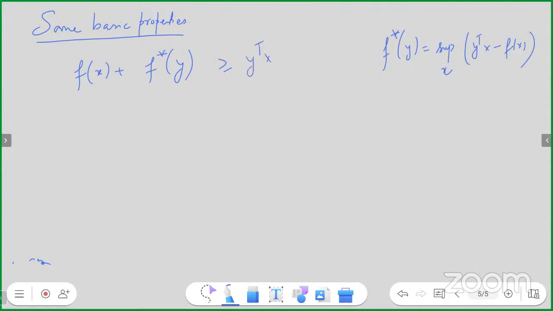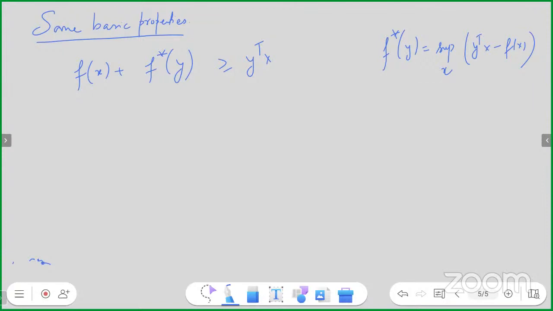Does it remind you of anything? It's there in the assignment. No, not the same. Something you've seen before this class. F of y was greater than or equal to f of x plus the gradient of f times y.